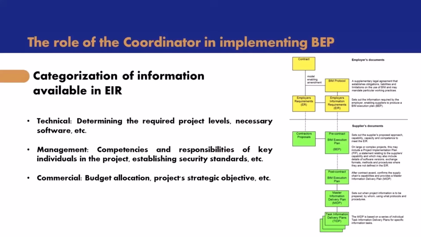All right, the next category is management, competencies and responsibilities of key individuals in the project, establishing security standards, and etc. Okay, the last one, commercial, budget allocation, and project's strategic objective, and etc.